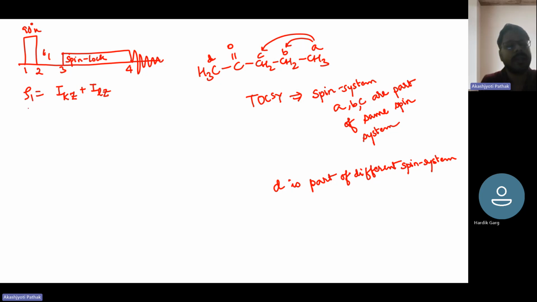Once you apply this 90-degree X pulse, the density operator at time point 2 will be minus, since you have applied a 90-degree pulse in the X direction, so this K spin will shift to the y-axis, and the L spin will also shift to the y-axis. Now in this t1 period, there will be chemical evolution.